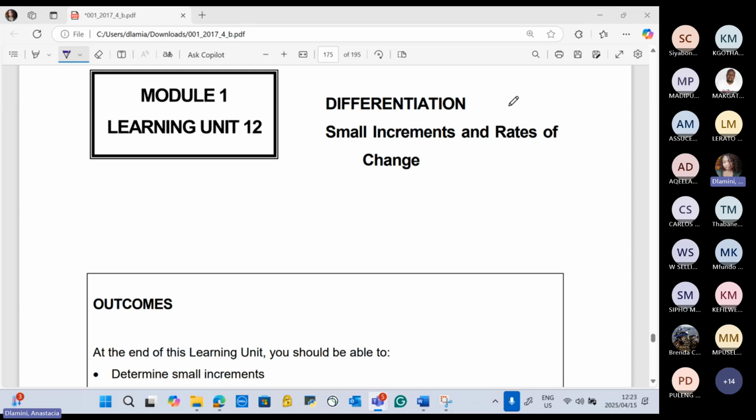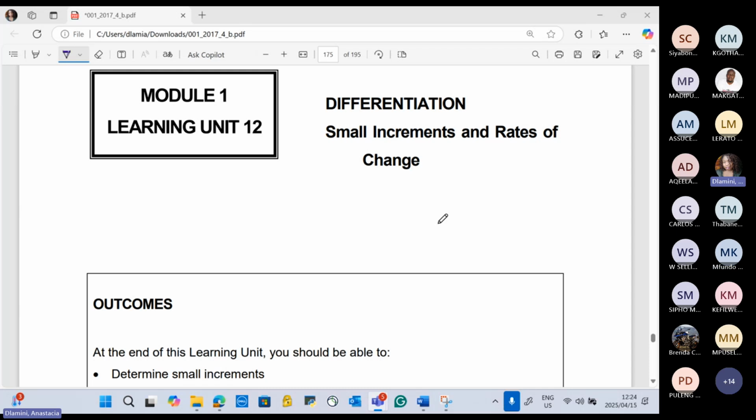So the rate at which the spread of COVID-19 was happening, it's the change with respect to time. So the small change is just an increase, small increase or small decrease.